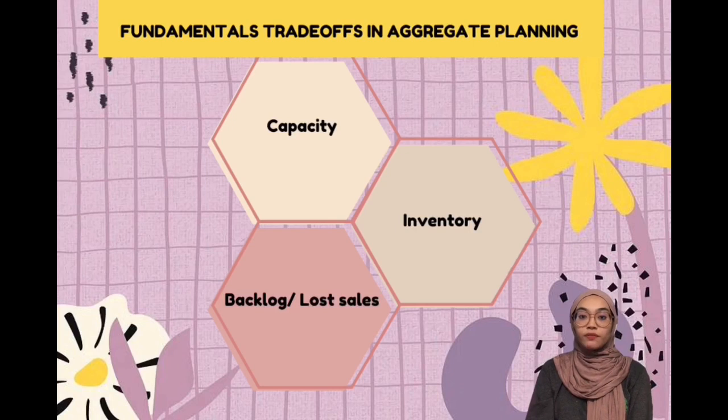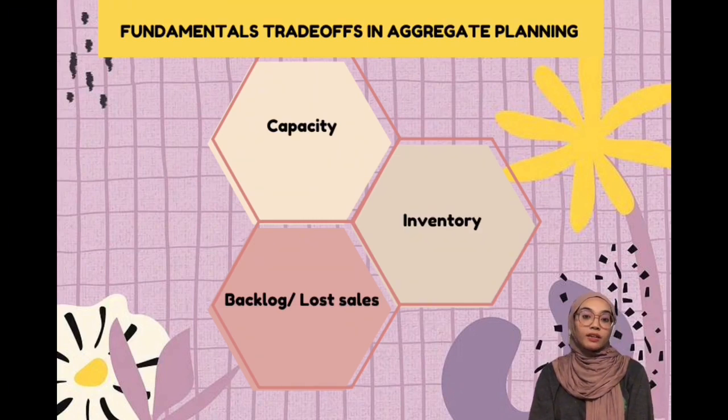These three basic strategies offer different approaches to managing production, workforce, and inventory levels in response to changing demand conditions. The trade-off related to capacity in aggregate planning involves finding the right balance between production capacity and demand. On one hand, having excess capacity allows an organization to meet unexpected increases in demand without delays or shortage. However, maintaining excess capacity comes at a cost, as it can lead to underutilization and increased operational expenses.